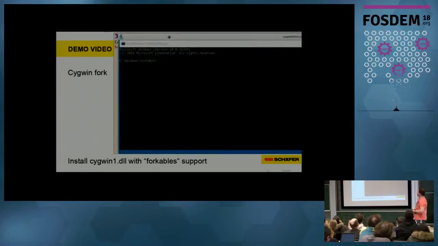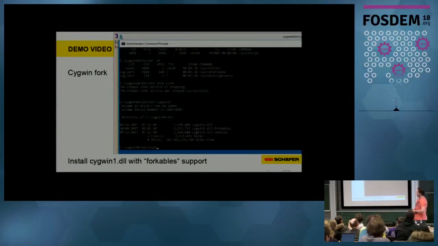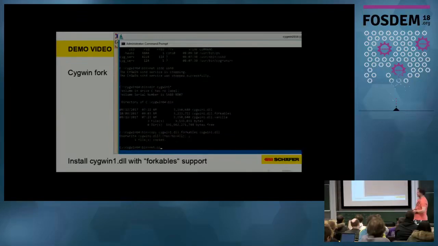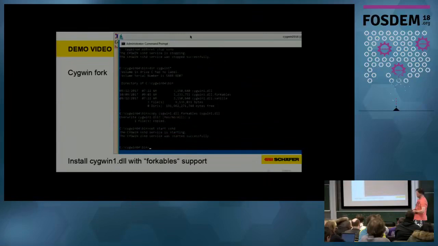Here I'm stopping the SSHD within Cygwin, so there are no Cygwin processes running, so I'm able to replace the Cygwin DLL. Then I'm replacing the Cygwin DLL with one that supports these so-called fork cable hard links, and starting the SSH daemon again.